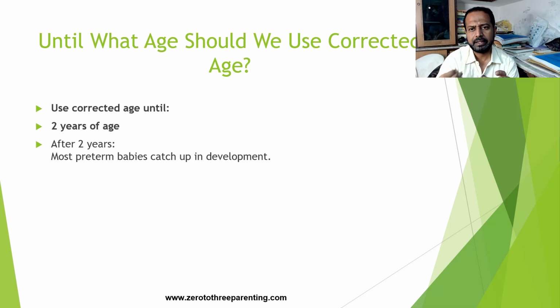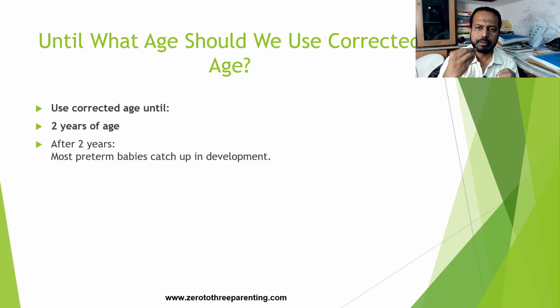If you provide a little bit of support, stimulation, and proper activities at home, most preterm babies are going to catch up, because during the first 2 years brain development is very rapid.